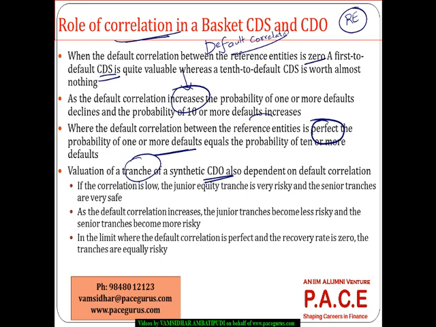And if the default correlation is perfect, +1, all the tranches become equally risky, because all defaults can occur at the same time, which means all tranches will lose out, or none of them default, which means none of the tranches lose out. In that case, all tranches are equally risky, so we can clearly understand that correlation plays a very important role in any kind of CDS or CDO structures.